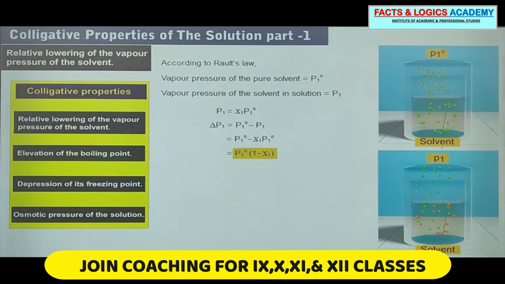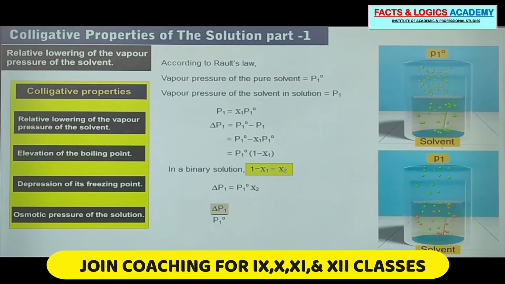Rearranging the terms, we get delta P1 is equal to P1 naught multiplied by 1 minus x1. In a binary solution, 1 minus x1 is equal to x2, that is, the mole fraction of the solute. Therefore, the lowering in vapor pressure delta P1 is equal to P1 naught multiplied by x2.